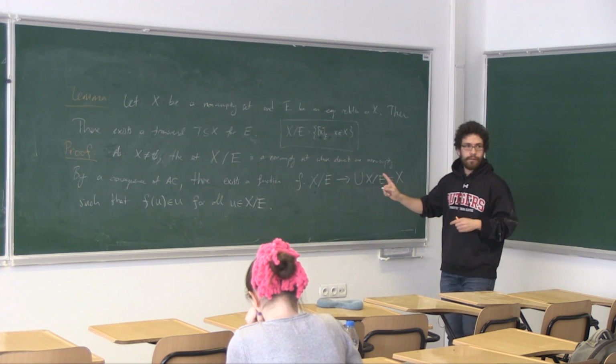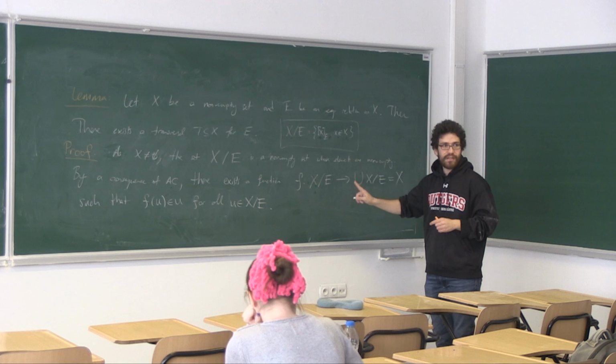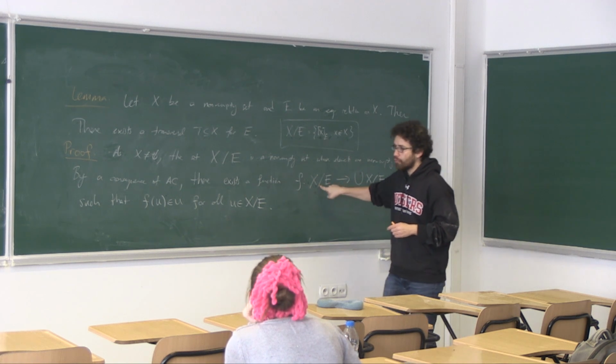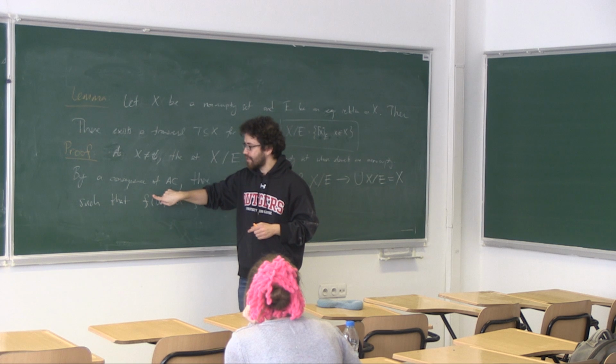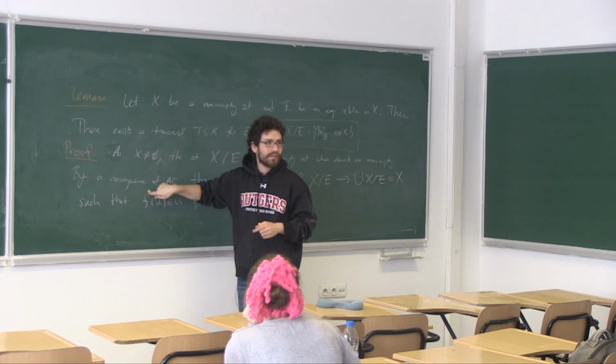So I have a function which does the following. For each equivalence class, my function chooses one element from that equivalence class.